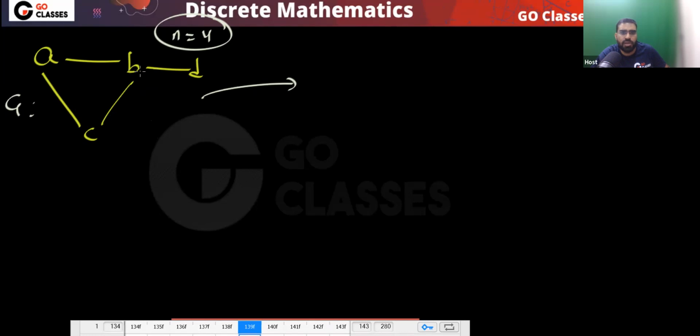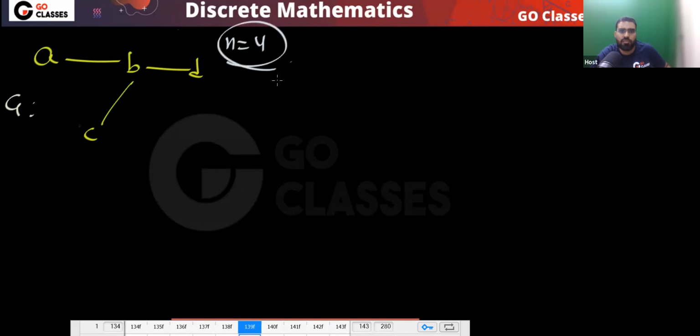Let's consider some other graph. Maybe you can remove this, or maybe you can remove this. Now also n is equal to 4. Is there any walk of length 3 from A to D?